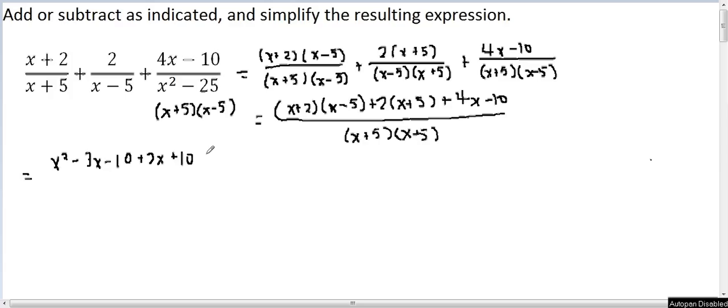We can copy the plus 4x minus 10. And we'll copy the denominator.